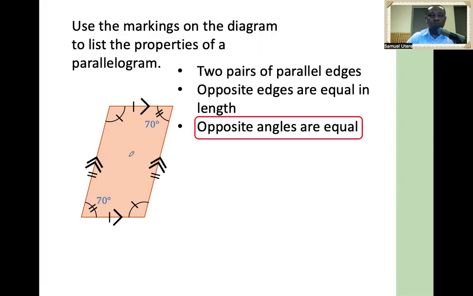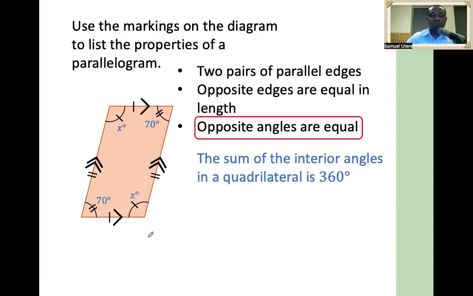So if that angle is 70 degrees, this angle has to be 70. How do we find these? Well, we know that the sum of the interior angles in a quadrilateral is 360 degrees. So if we add 70 and 70, we get 140 degrees. So if we subtract 140 degrees from 360 degrees, we would form this equation.